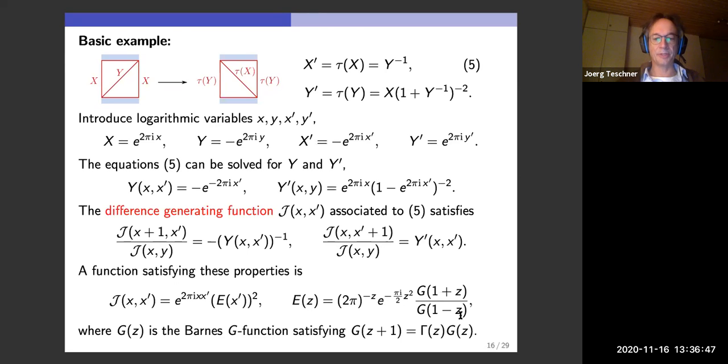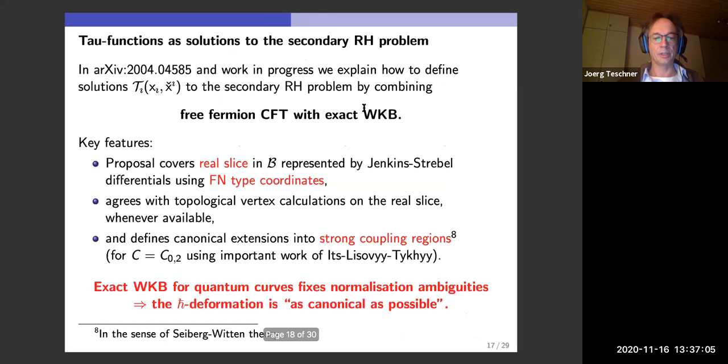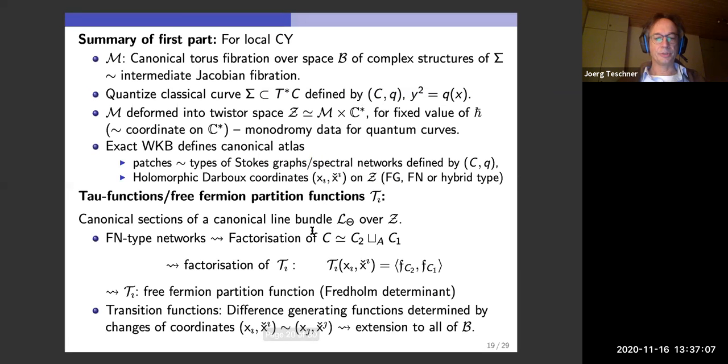So basically here what we see, this function E and the Barnes G function, they appear as the basic building blocks for the definition of these difference generating functions describing the changes of coordinates from one system of Darboux coordinates to another. So the changes of coordinates define associated difference generating functions, which define transition functions of this line bundle.